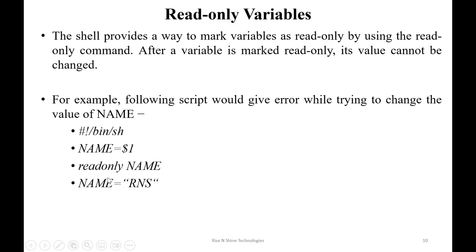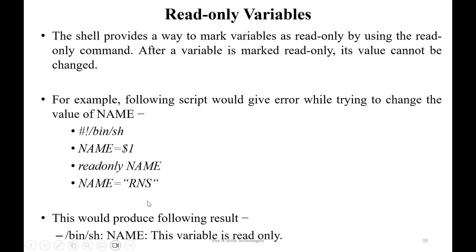It is the same thing as a file. Once a file is marked read-only, you can use it for reading, but you cannot write to it. The same concept applies at the variable level. So this will produce an error saying this variable is read only. That is one more example. Whenever we declare variables, if the variable needs to change values, you can change it.